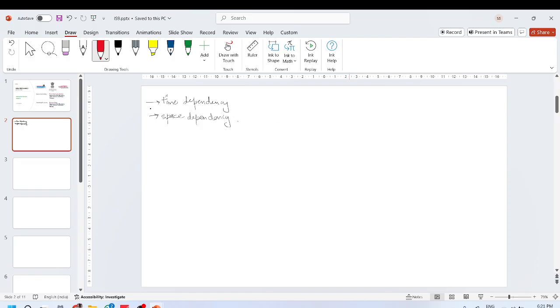Some of the properties are simply characteristics which do not change with space or time.